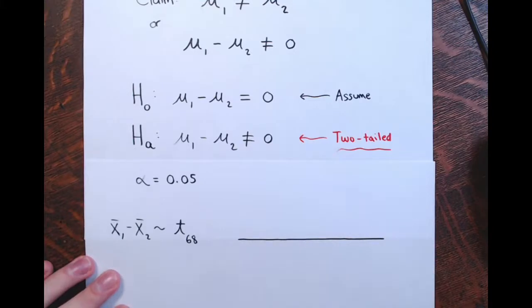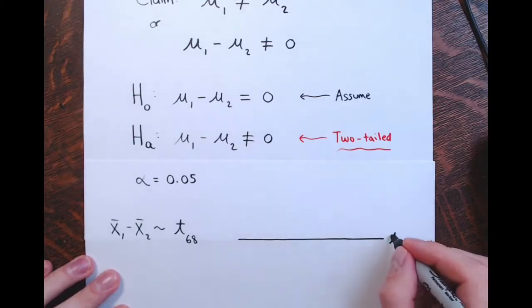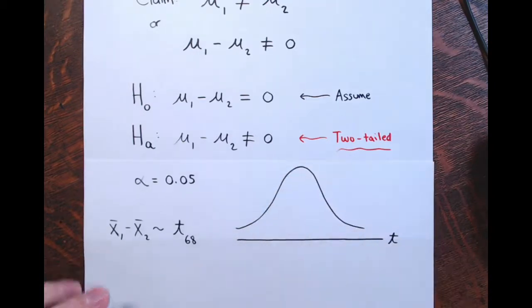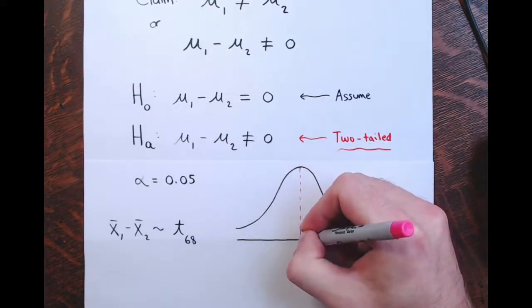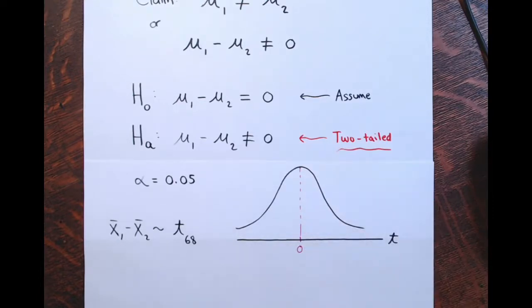I'll draw that. Horizontal axis here, number line, where these are t-scores. It's a symmetrical bell-shaped curve. Underneath the peak is a t-score of 0. And again, it's a two-tailed test. Right?